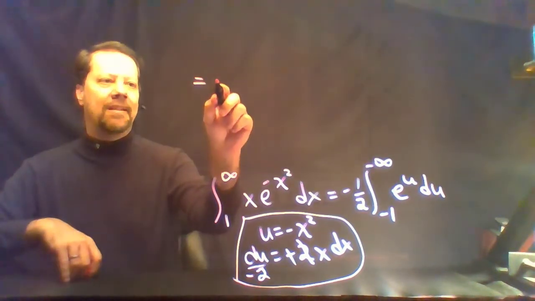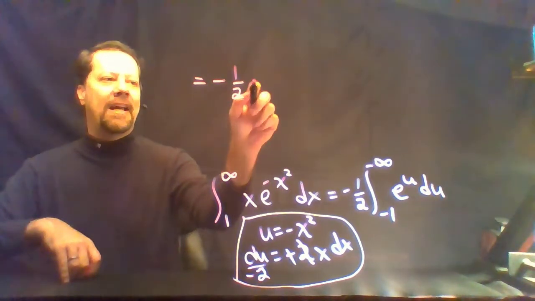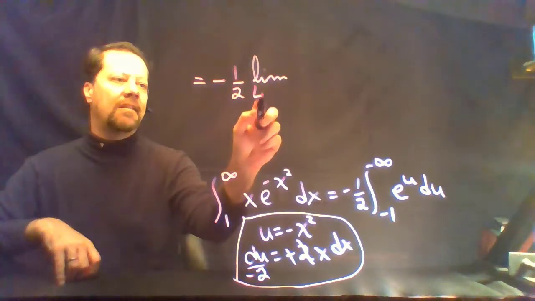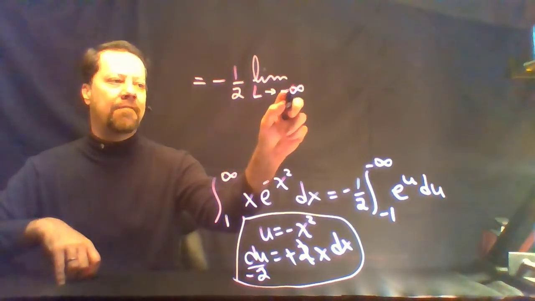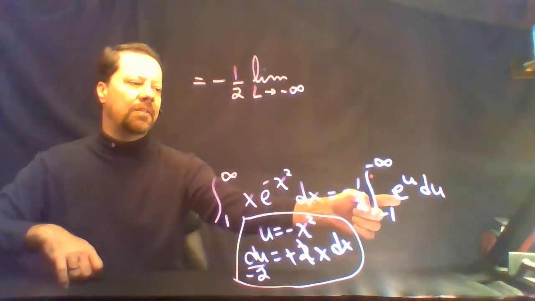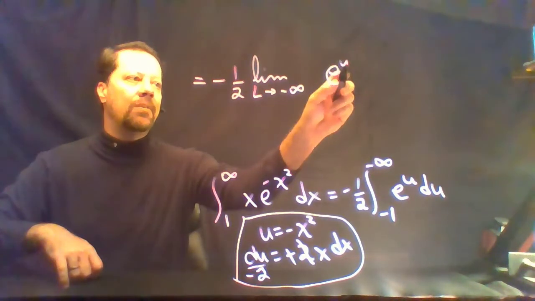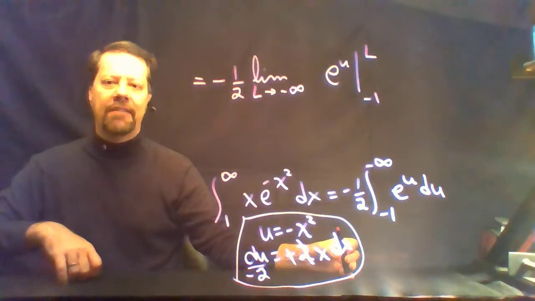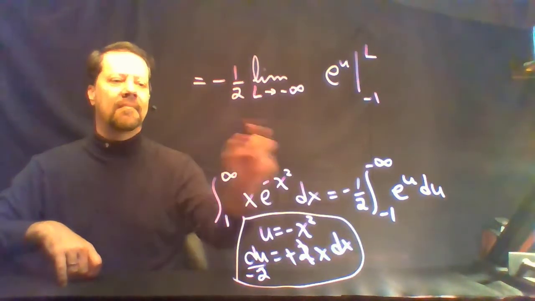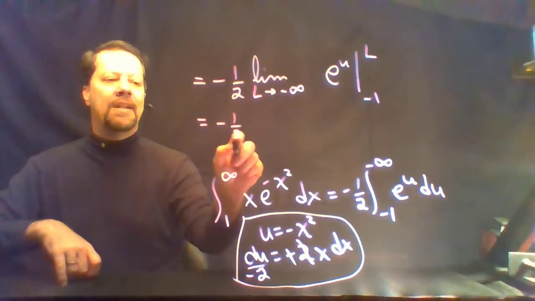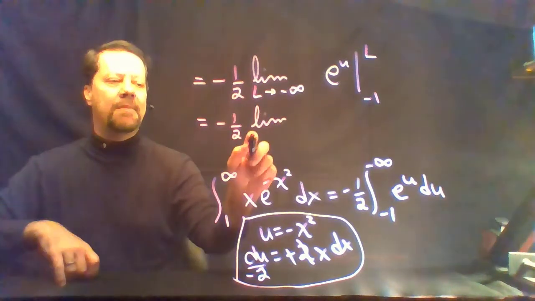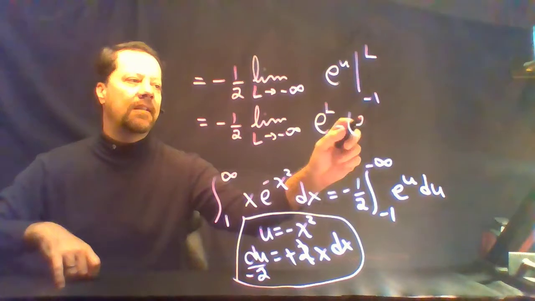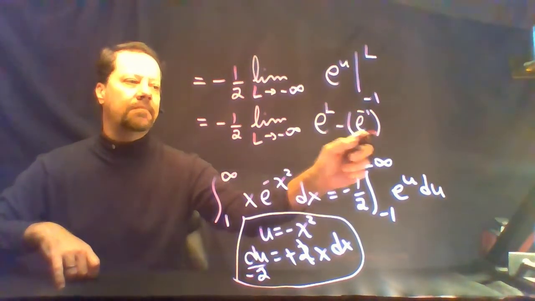Continuing to evaluate the integral, we have -1/2, the limit as L goes to minus infinity. The integral of e to the u is e to the u. We'll have this evaluated from -1 to L. We'll have -1/2, the limit as L goes to minus infinity, e to the L minus e to the -1.